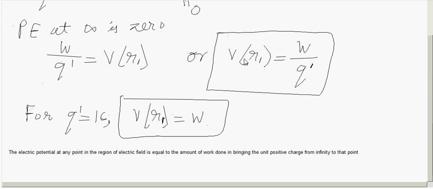So that is how we got this equation. It is the work done in bringing unit positive charge from infinity to that point against the electrostatic forces, because in the region of electric field there will be electrostatic forces, without acceleration.